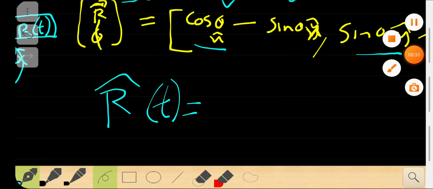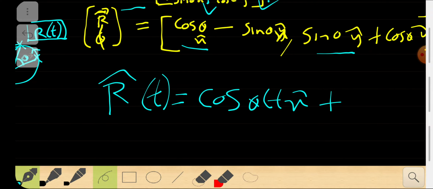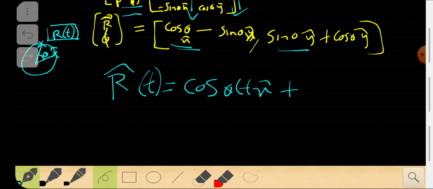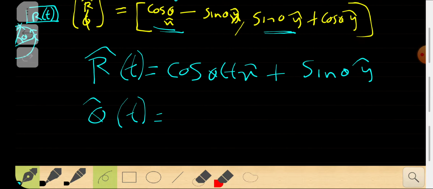So if that's the case, now we can represent the individual transformed matrices. r of t will be equal to cos theta of t in the x cap axis plus sine theta of t in the y cap axis, right, and theta of t, these are two unit vectors we got out of that.